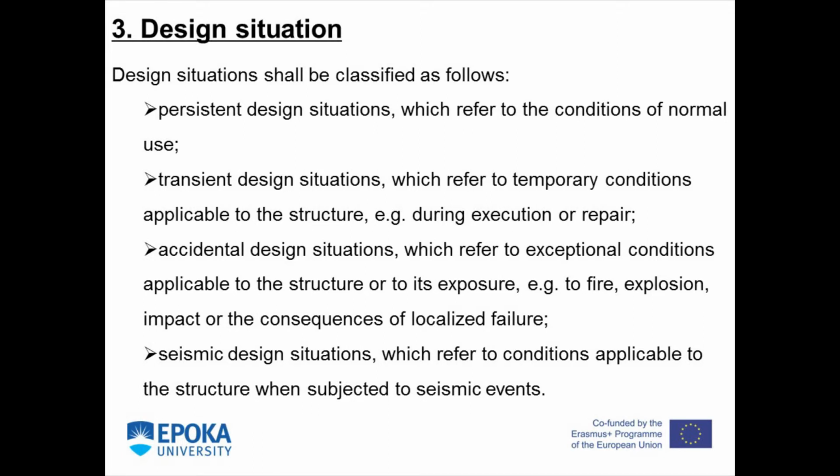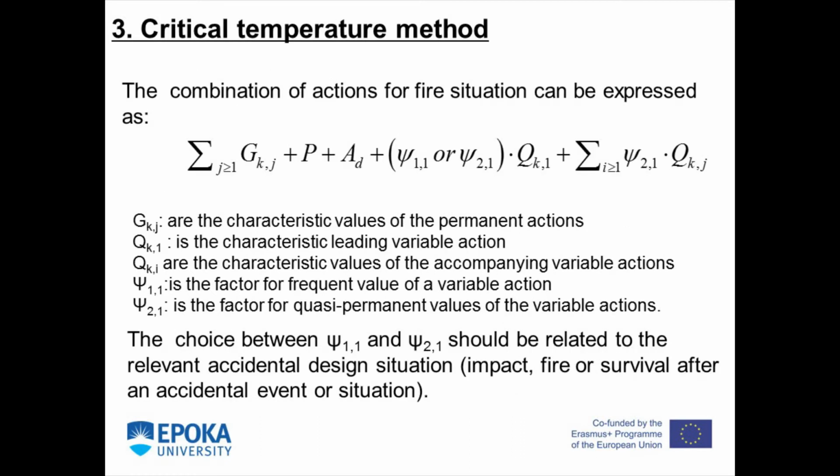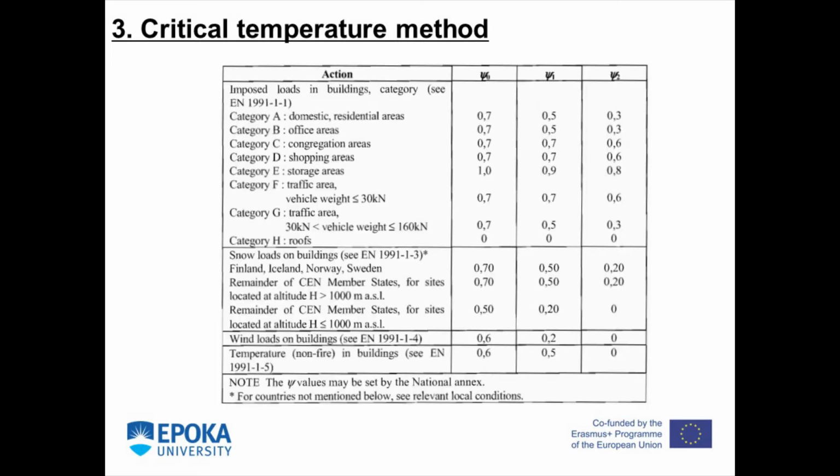Design situations shall be classified as follows: persistent design situation, transient design situation, accidental design situation, and seismic design situation. The combination of actions for the fire situation can be expressed by the equation. Combination coefficients are given in the tables of Eurocode 1.